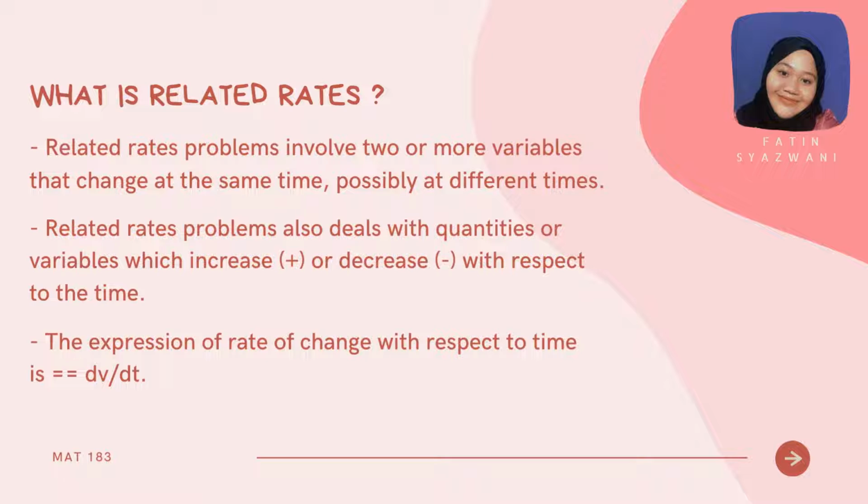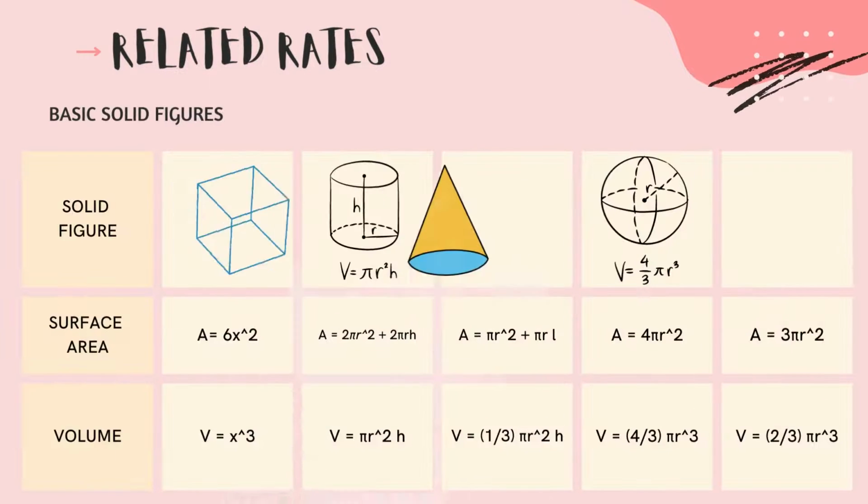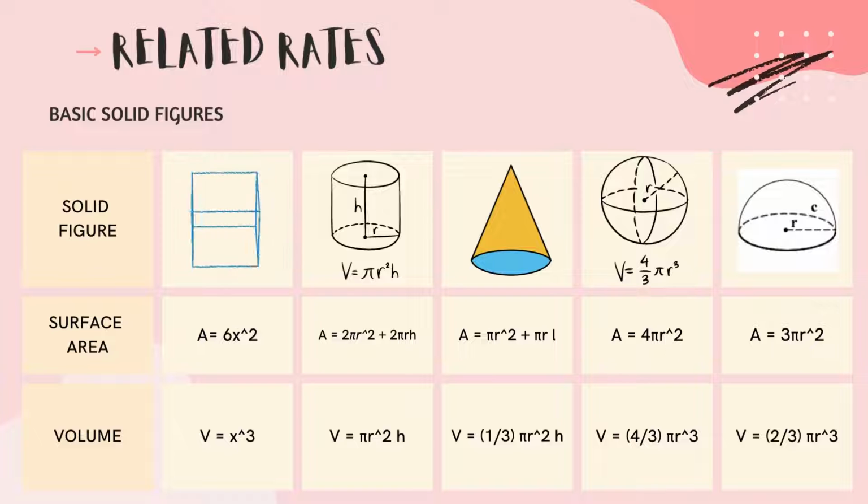The expression of the rate of change with respect to time is dV over dt. Related rates also involve basic solid figures, for example cube, cylinder, cone, sphere, and also hemisphere.